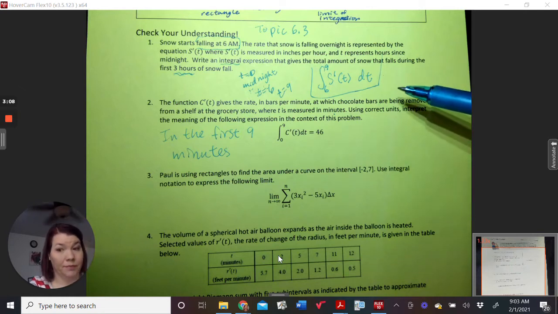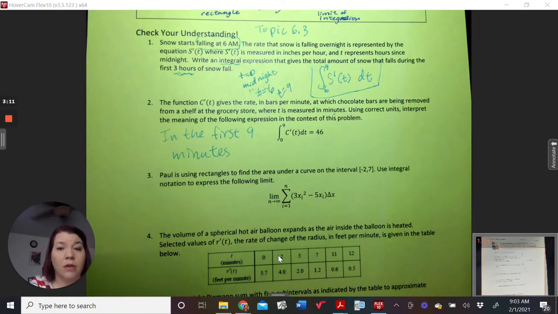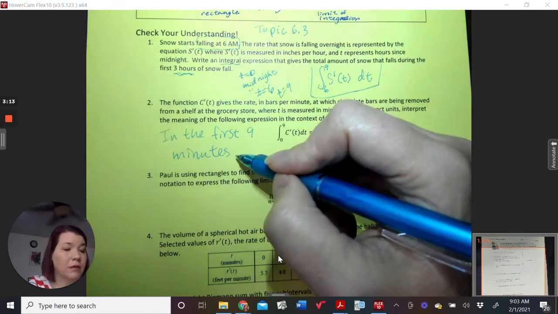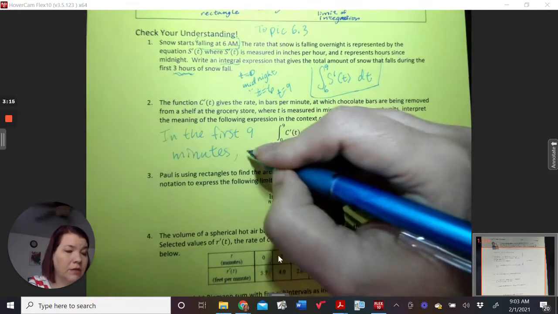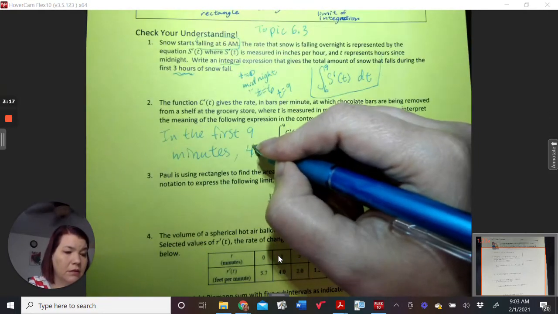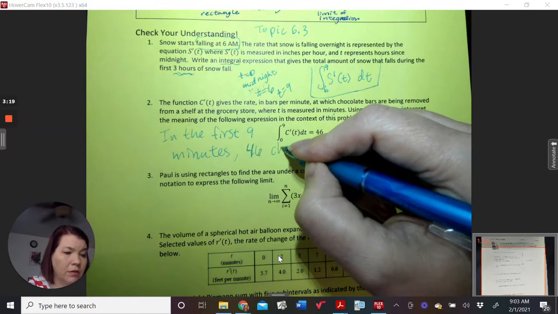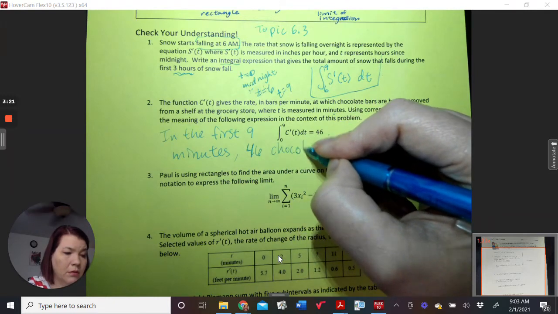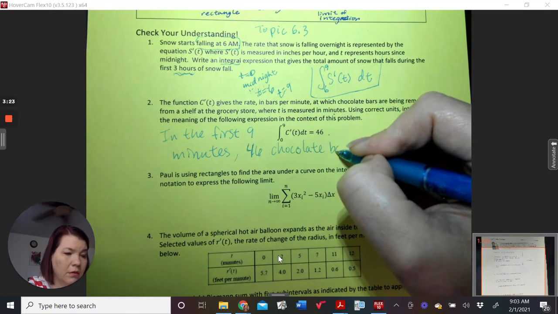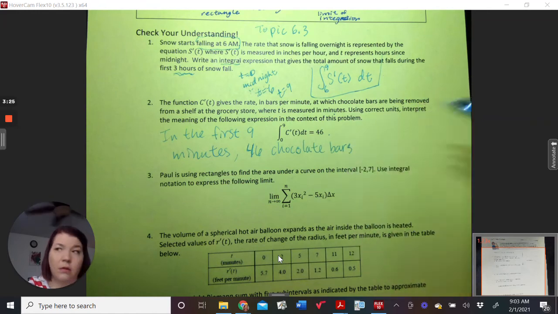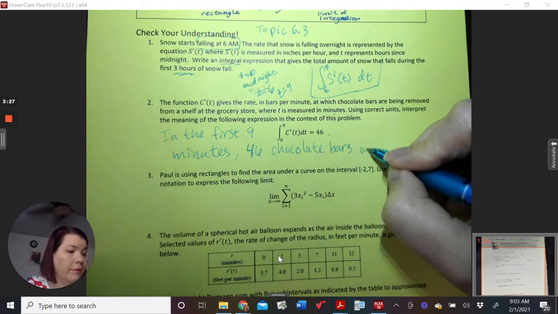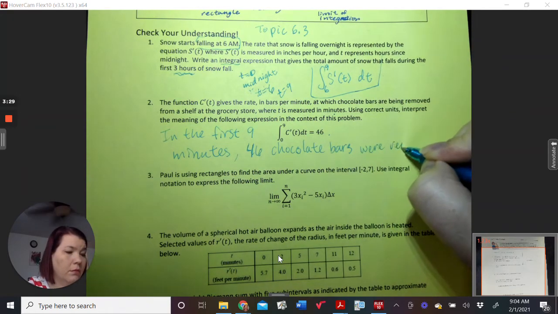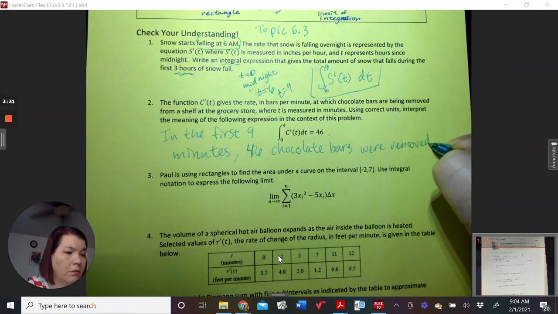And so in the first 9 minutes, 46 chocolate bars were removed from the shelf.